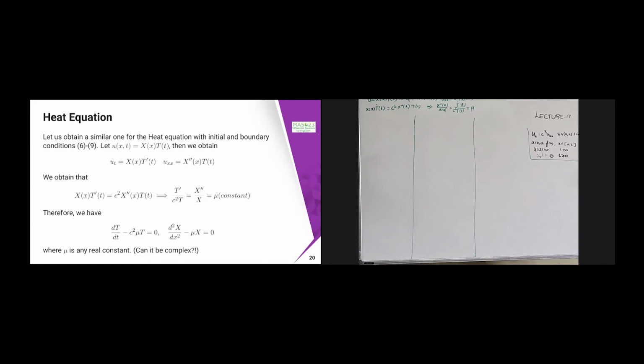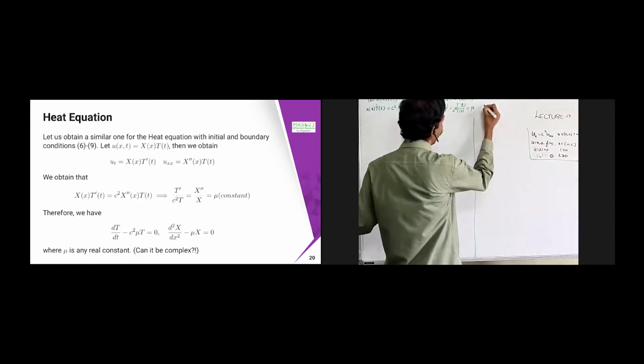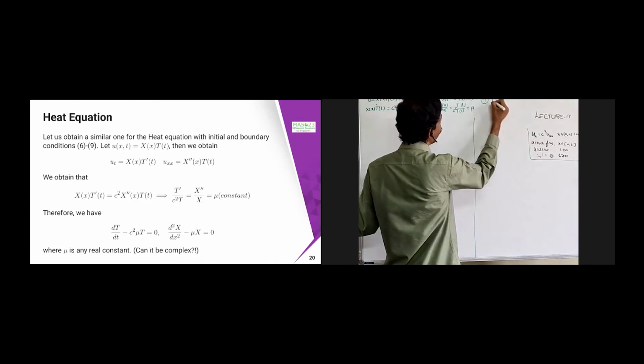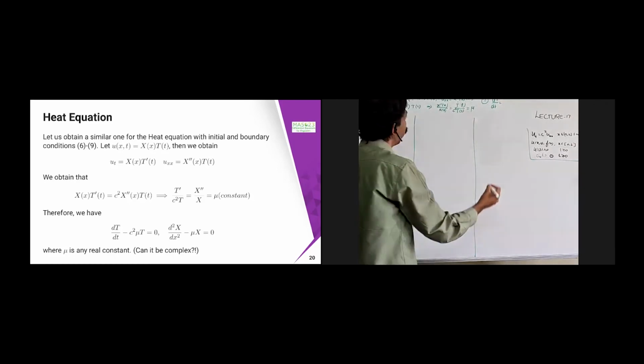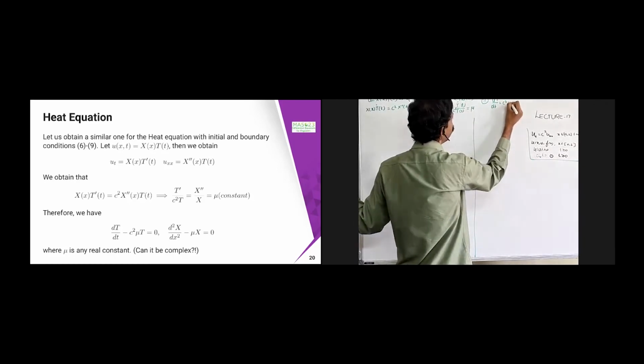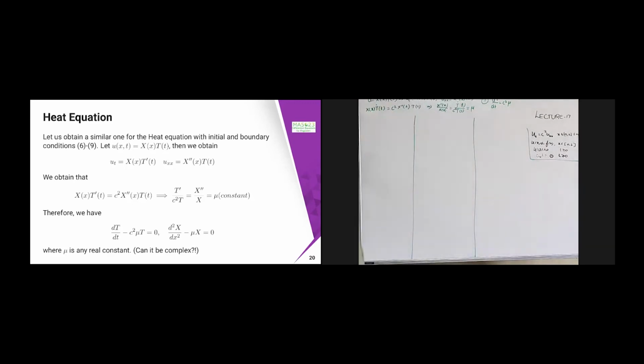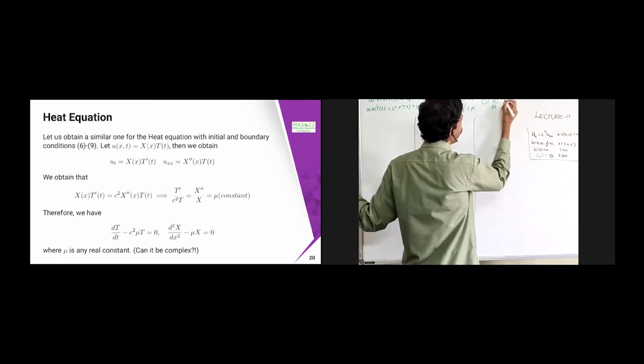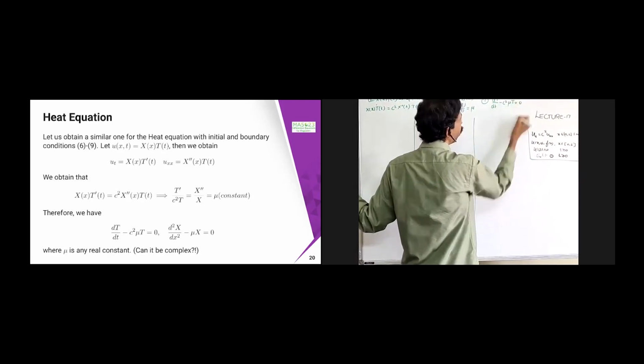Therefore, what you got is two problems. Problem number one is dT by dt equal to c square mu into T, or I can write this as dT by dt minus c square mu into T equal to 0.